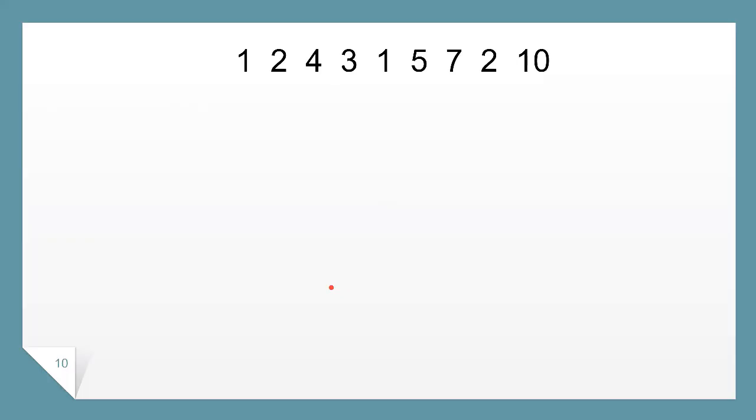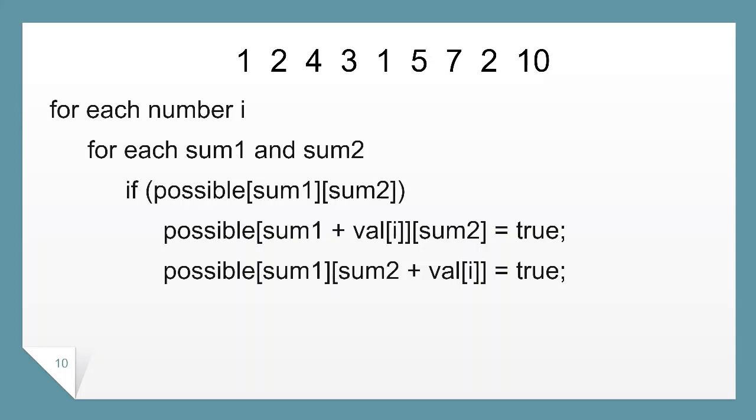Okay. Now here is some pseudocode to help solve this problem. First we're going to iterate over all numbers in our array, and we're going to try every sum 1 and sum 2 possible. This is why it's also important to have a bound on this sum 1 and sum 2, because you're going to try every sum 1 and every sum 2 possible, like 0, 1, 2, 3, nothing discrete, just try all of them.